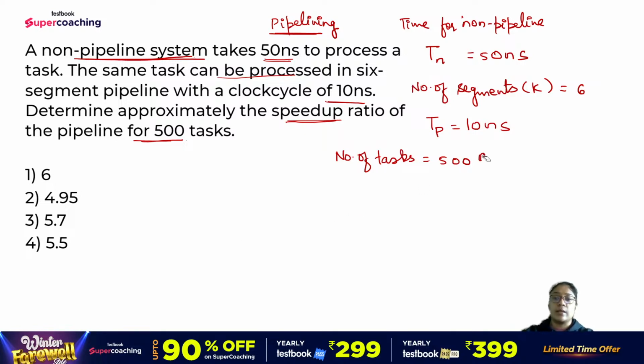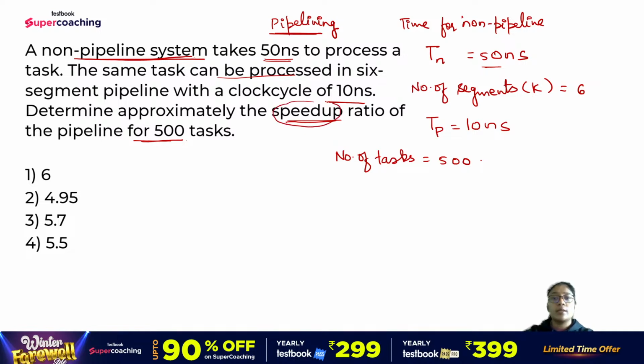What we have to calculate is the total time required. For non-pipeline, how much time will it take? For one task it is taking 50 nanoseconds and we are given 500 tasks. So we can calculate the total time required in the non-pipeline processor.